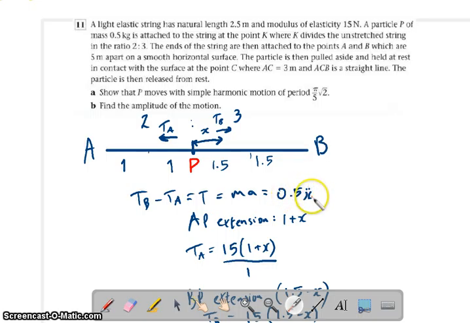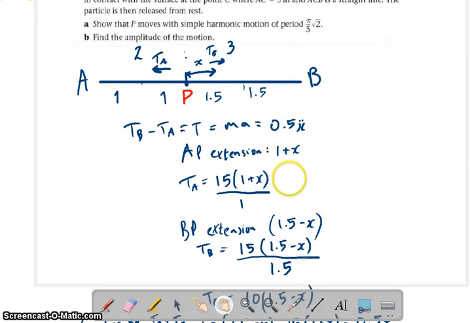0.5 x double dot. Okay, so for AP you have extension 1 plus x, so that is the original extension of 1 plus however much it's been extended by. So using that, you can have your tension here of 15(1 + x) all over 1.